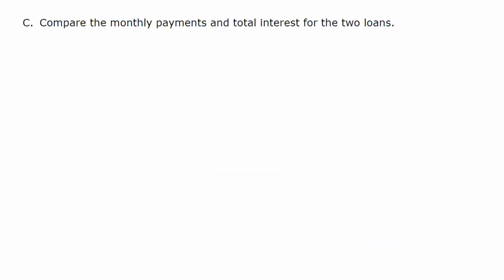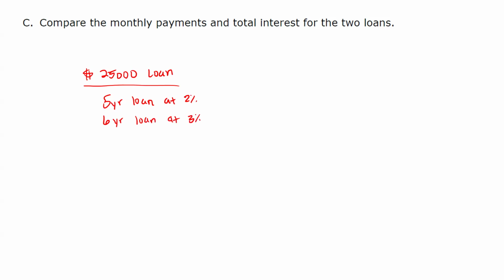Now we want to compare the monthly payments and total interest for the two loans. So we had a $25,000 loan that we're taking out. We had two options. We had a 5-year loan at 2%, and we had a 6-year loan at 3%.